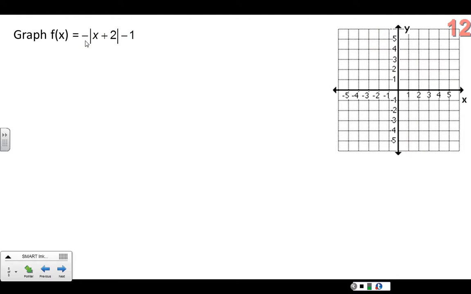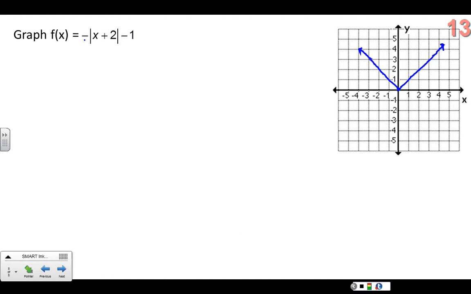Okay. In this problem, we have the absolute value graph. So everybody remembers that one is the V shape. So I'm going to just plot that real quick to kind of give you an idea of what that looks like. That's the normal absolute value curve right there. But in this problem, we've got 3 things going on. First of all, the negation out front means we're going to flip that.